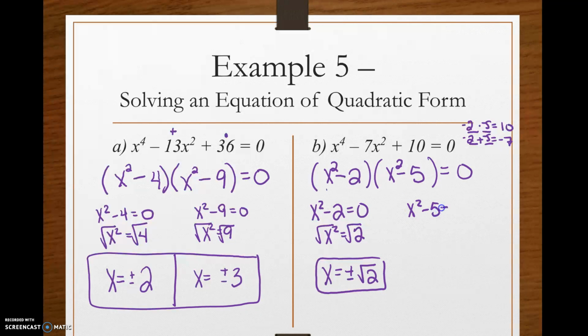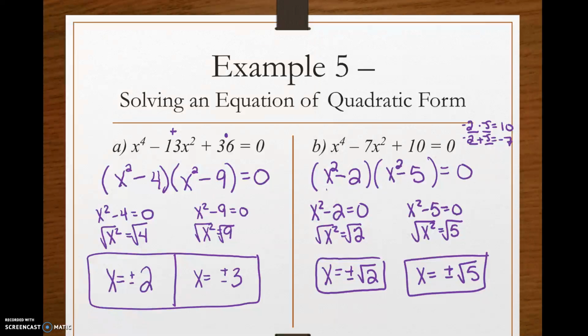X squared minus 5 must equal 0, so x squared must equal 5. So x is going to equal the positive or negative square root of 5. Our 4 solutions are positive square root of 2, negative square root of 2, positive square root of 5, negative square root of 5.